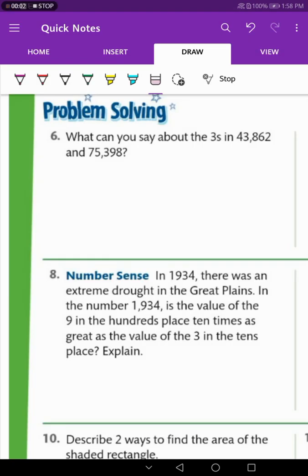Problem solving. What can you say about the 3's in 43,862 and 75,398? This is the first 3. And this is the second 3. How to find the value of 3 in these numbers? We bring the 3 down.